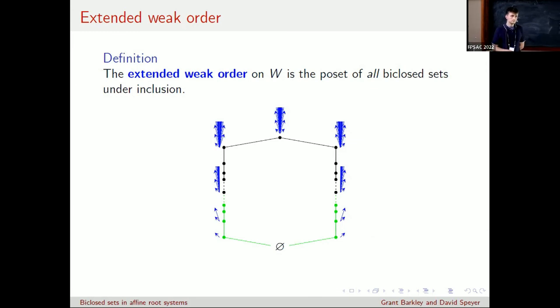Yeah, I have 2 quick questions. So first of all, for the finite case, we know that the closed subsets correspond to Cartan invariant subalgebras. Here you are using, by closed, real closed, that is closed subsets of the real affine root system. I wonder if there is any connection with the structure theoretic side there.